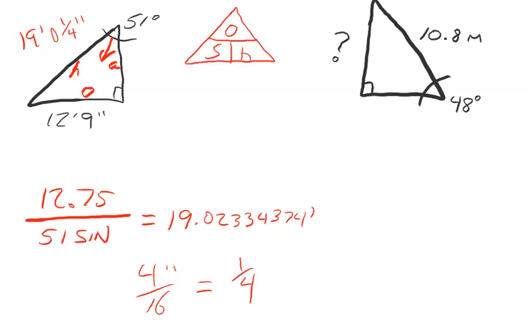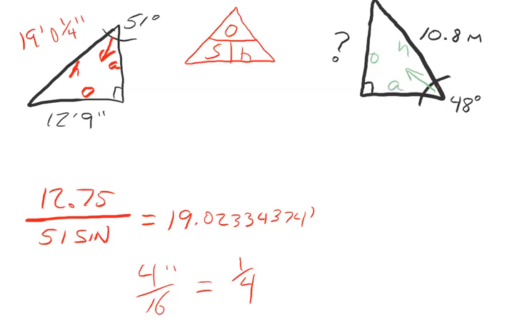Okay. Next one, we've got 10.8, 48 degrees, and we're using sine again. Looking across. Let's switch colors so that we don't get confused. Looking across, we see opposite, hypotenuse, adjacent. Perfect.